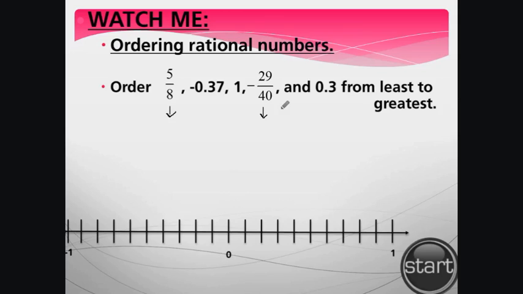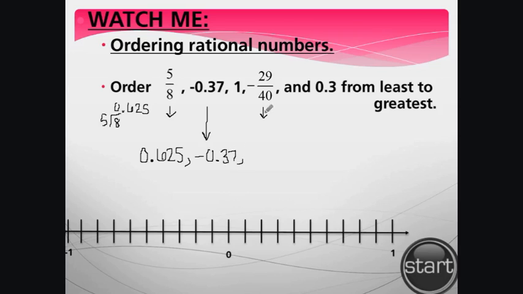So what I would do is divide 5 by 8. 5 divided by 8 then equals 0.625. So I'm going to write that, 0.625. I'm going to drop down my other value, which is negative 0.37.